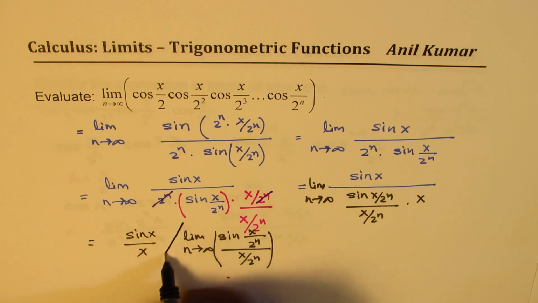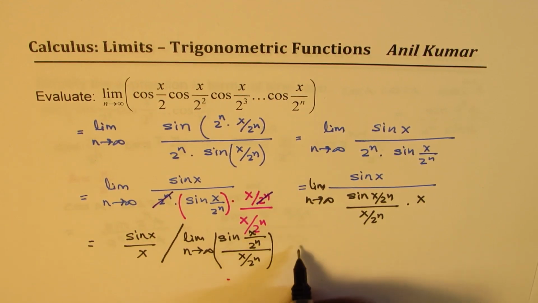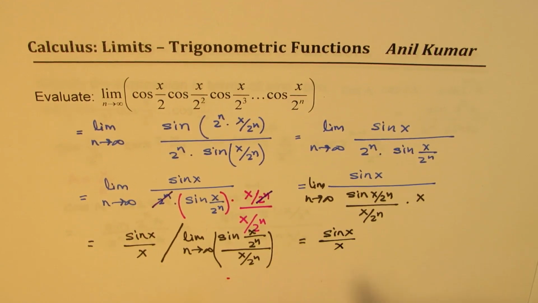Let me write this over this, right? So that is in the denominator. Does that make sense to you, right? So now we know this limit is 1, right? Sine theta over theta, I should say, and n approaching infinity. So the result here is sine x over x. So that becomes the answer for the given question. Does that make sense to you?